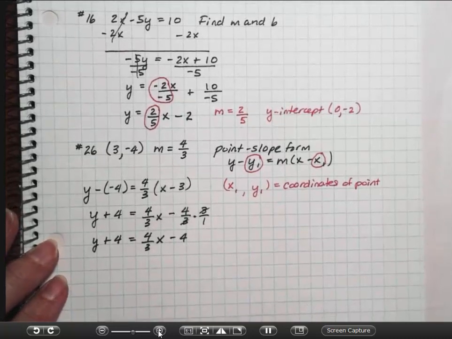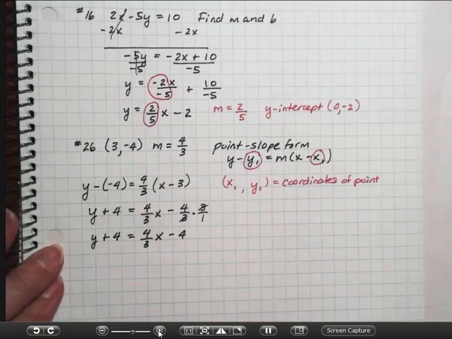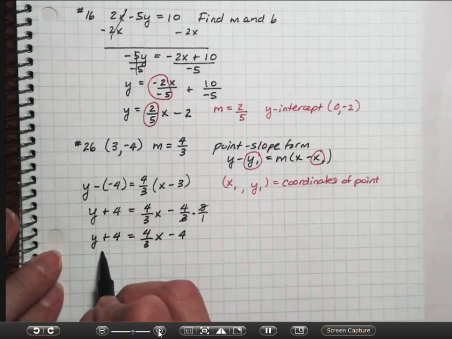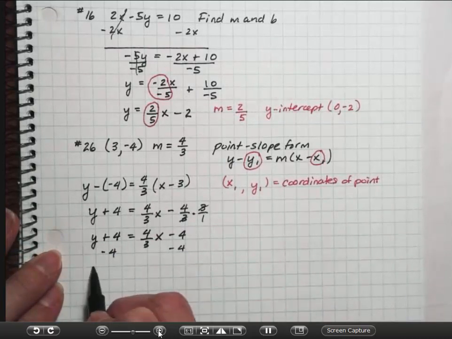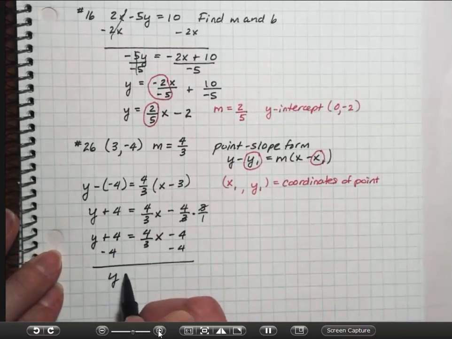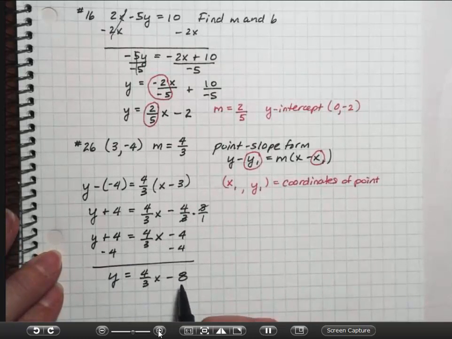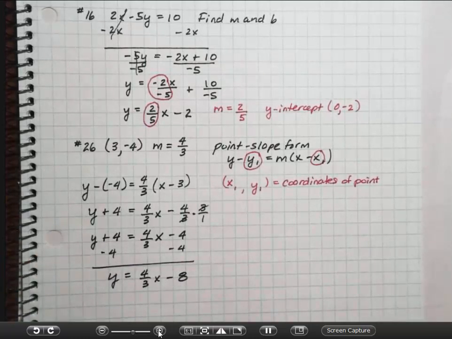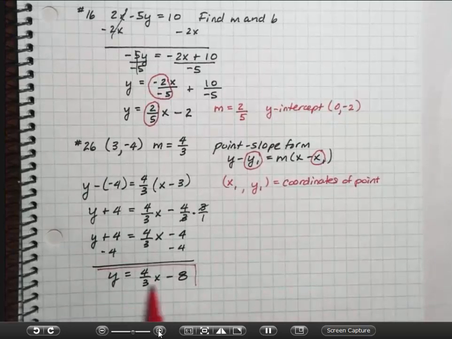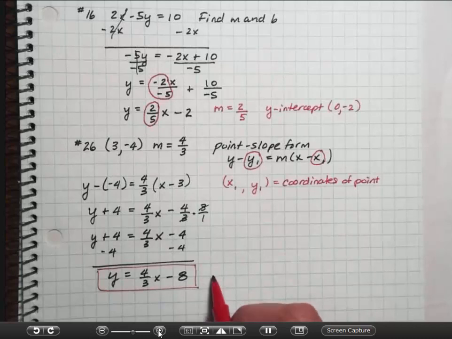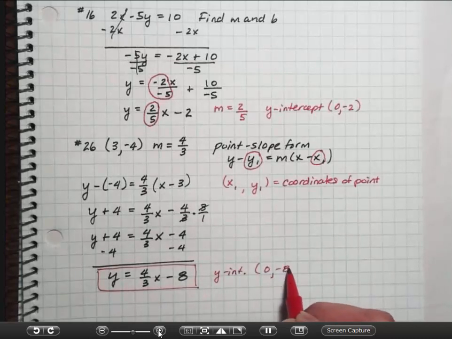And then I want to get it into slope-intercept form, so I'm going to subtract 4 from both sides. And I end up with y is equal to 4/3 x minus 8. So this right here is the equation of my line. My slope is the 4/3, and my y-intercept, if I were to graph this, would be 0, negative 8.